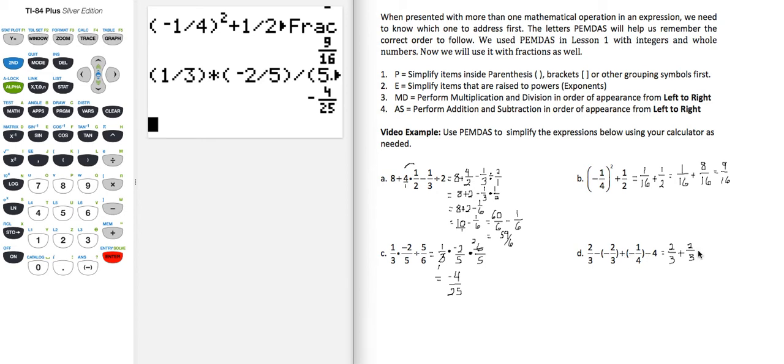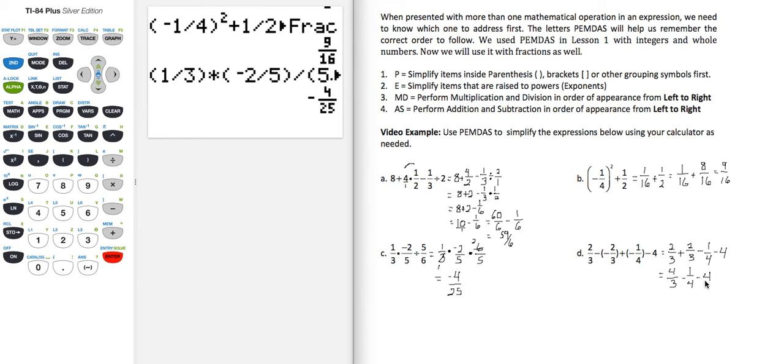Positive times a negative is a -1/4, and then I have minus 4. I have some fractions, but 2 of them already have a common denominator, so I can combine 2/3 plus 2/3 is 4/3. That makes things a little bit easier, and then I just rewrite everything.